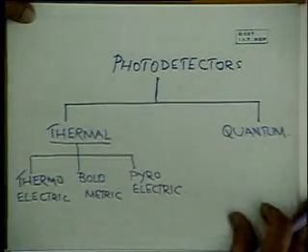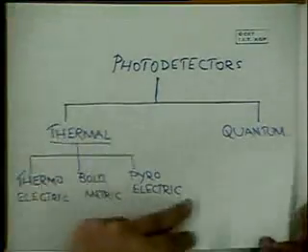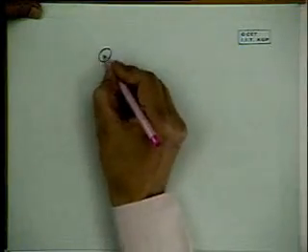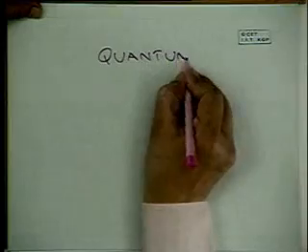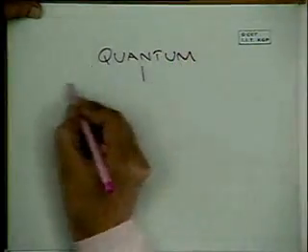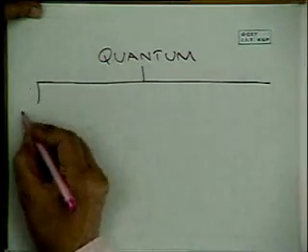Quantum detectors can be classified into various types, depending upon the phenomena involved. Again, historically, the first quantum detectors were obviously the photoelectric detectors.